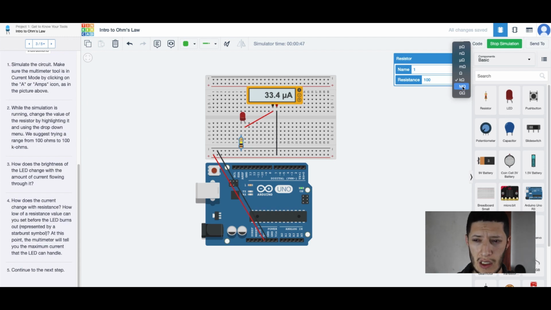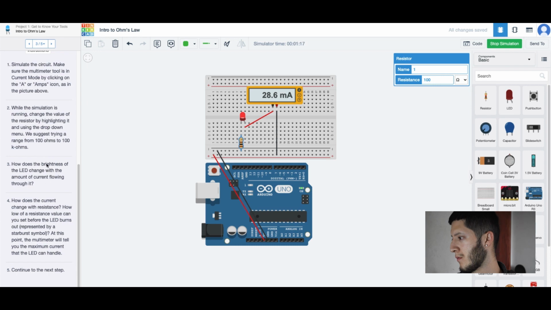What's after kilos? This M is for milli. This M though? This is giga? I'm not sure. Absolutely everything just stops here. The only way would be if I increased my voltage.